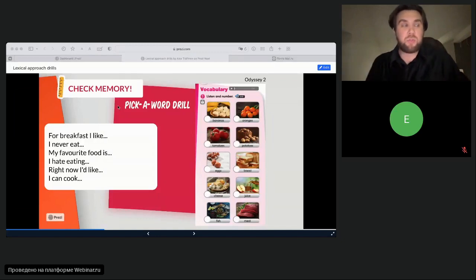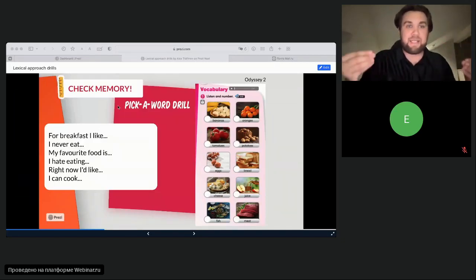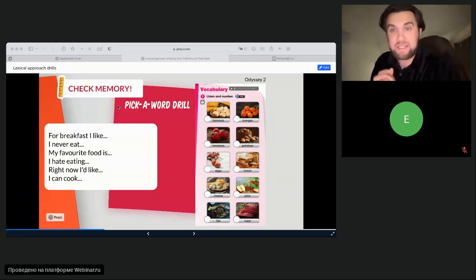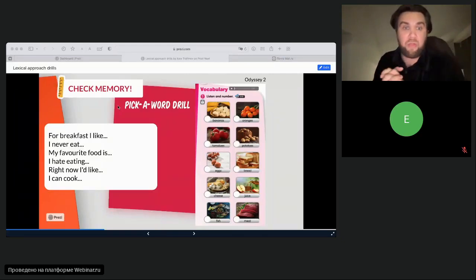And what we want is for the student to actually speak something. But when we know that the student cannot produce their own ideas yet, we have to help them with the lexical approach. So we can see a set of food vocabulary from another book.